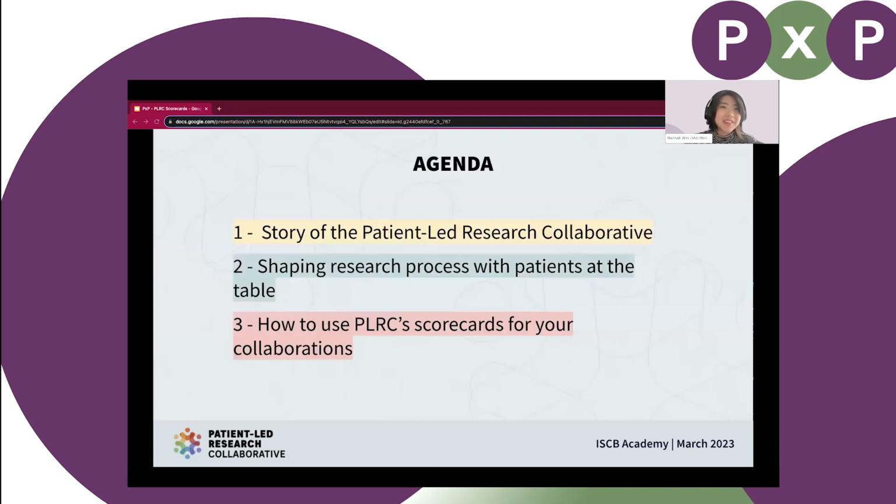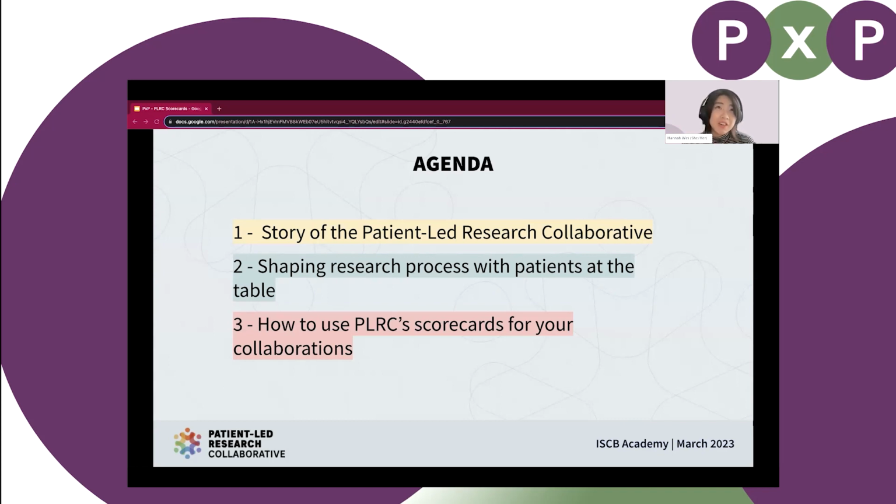let's see. The agenda for this talk, we are going to talk about the story of the Patient-Led Research Collaborative, how we came to be as a team, and what were some of the pain points we encountered, looking at some opportunities and collaborations that we've taken on.